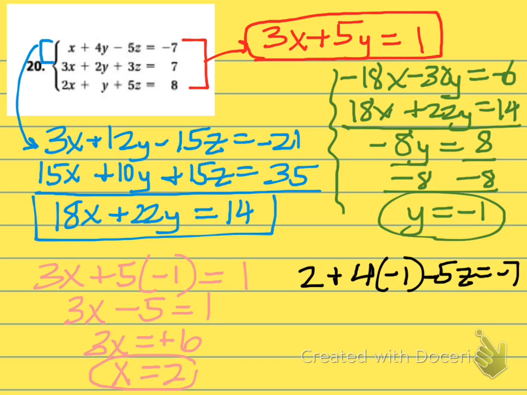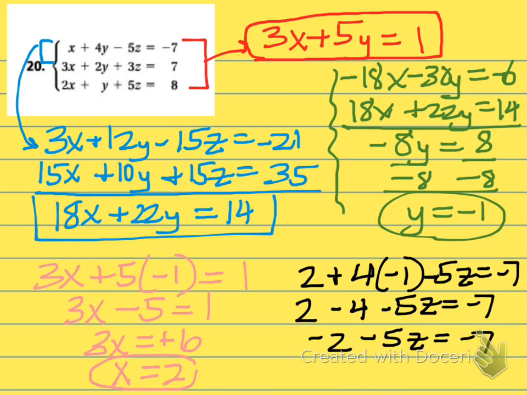So we have 2 minus 4 minus 5z equal to negative 7. So that means negative 2 minus 5z equals negative 7. So negative 5z will be equal to negative 5. And if negative 5z equals negative 5, that of course means that z must be positive 1.